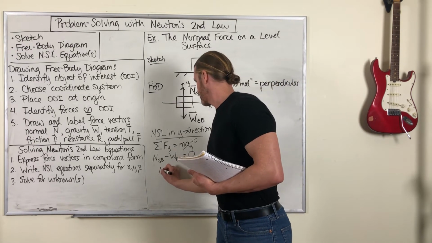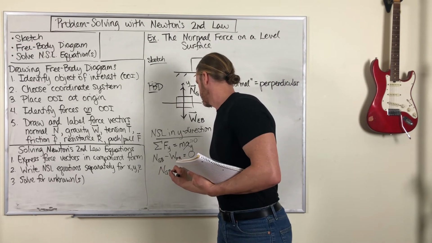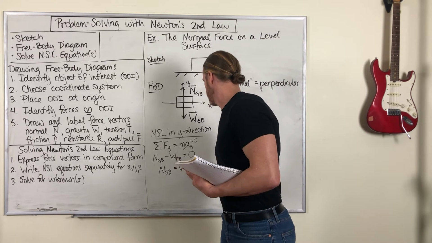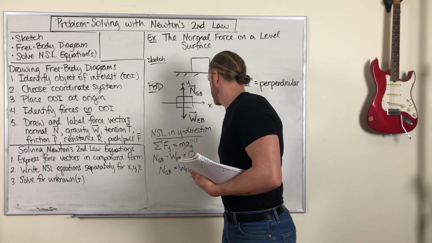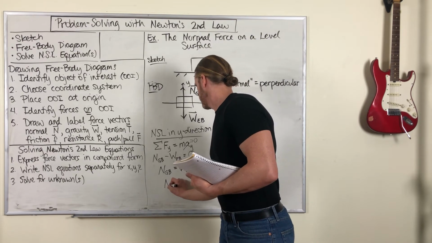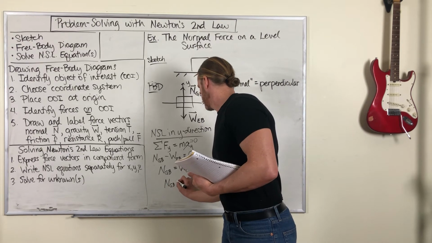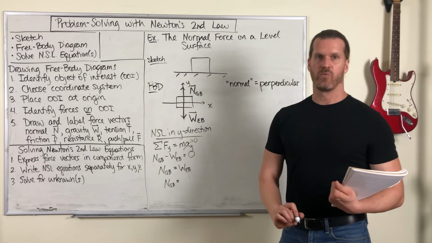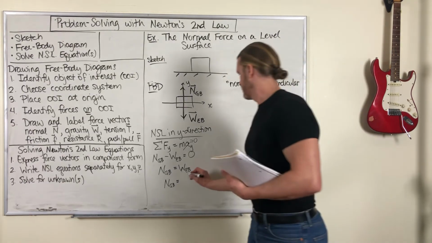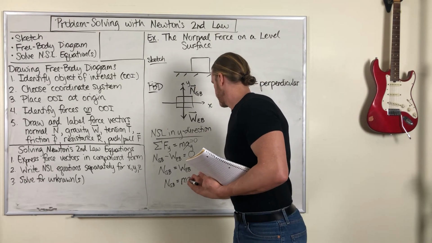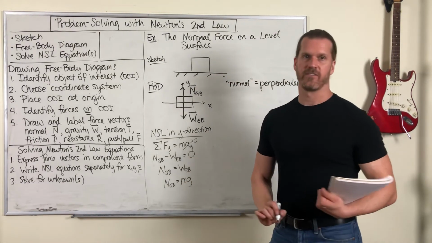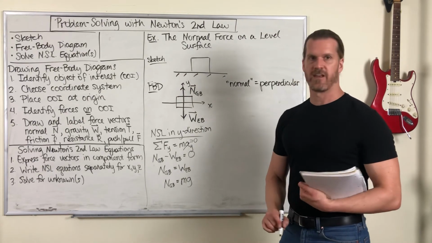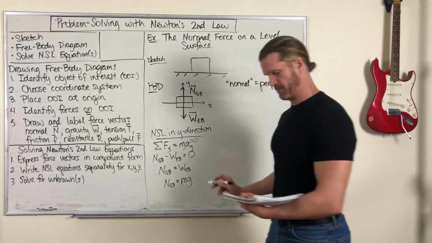That means that the normal force equals the weight, and that weight we've learned can be written as mg, where g is 9.8 meters per second squared.